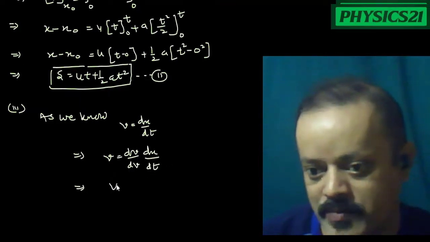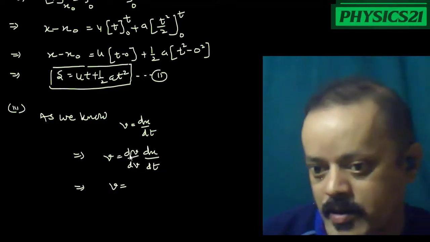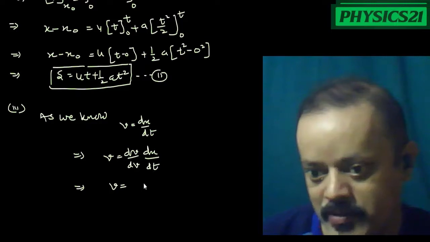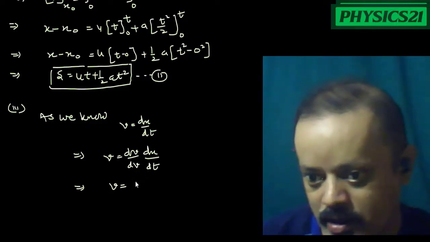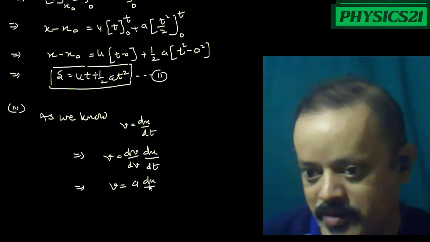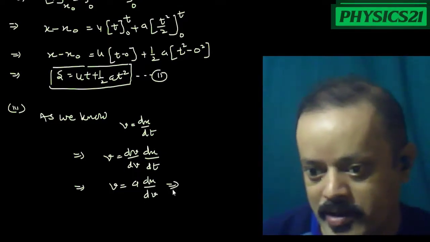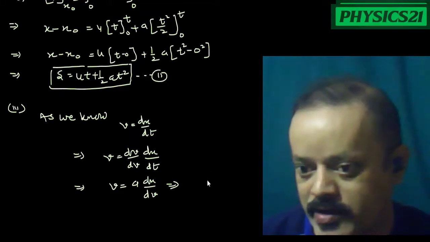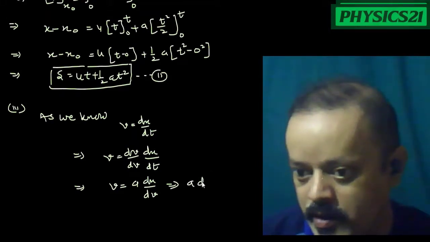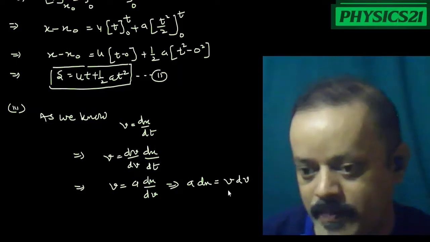Now in next step, in place of dv divided by dt, we will write a. Remaining will be dx divided by dt. By cross multiplication, we can write a dx is equal to v dv.